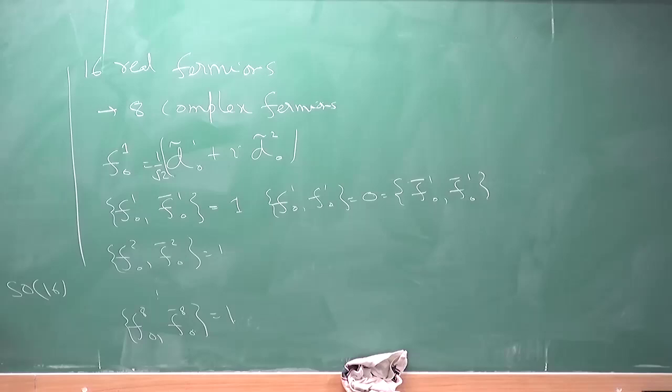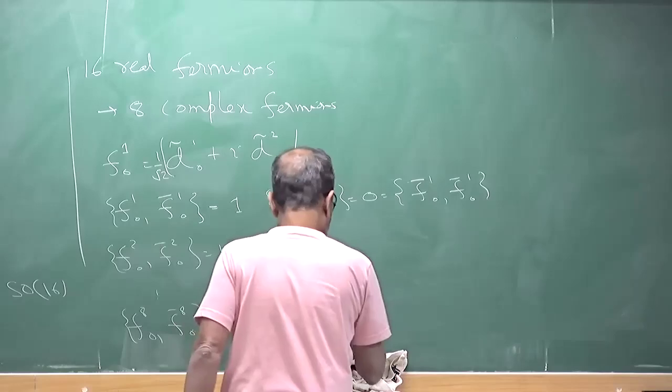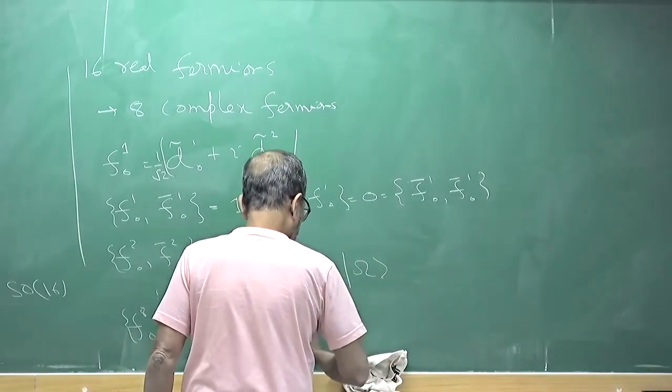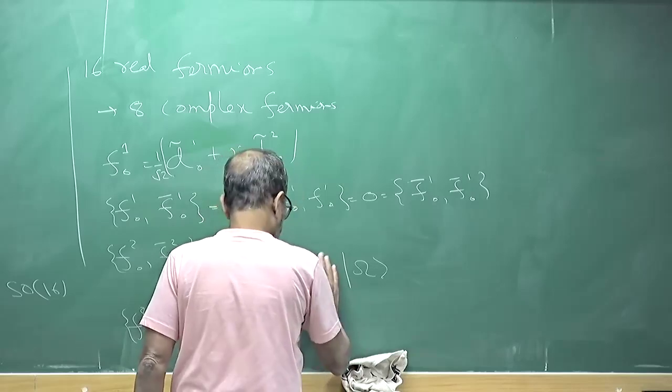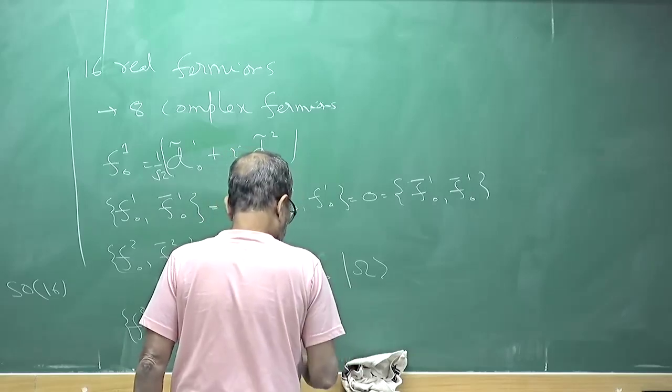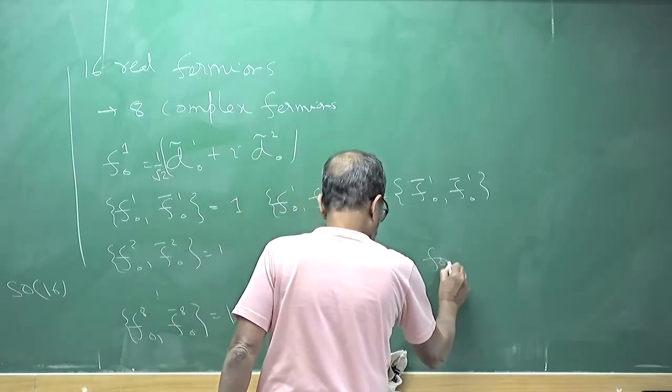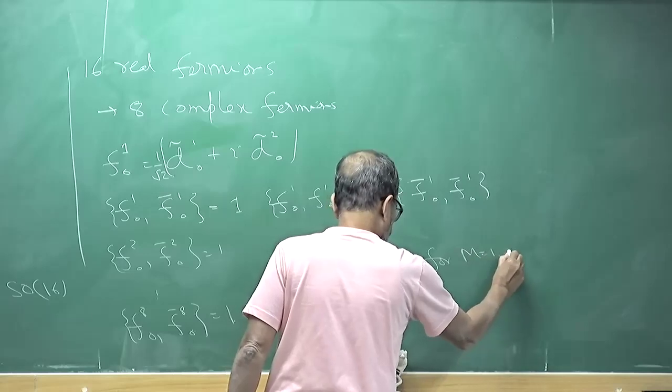Okay. Then start from a ground state, call this omega, such that Fm 0 acting on this is equal to 0 for m equal to 1 to 8.